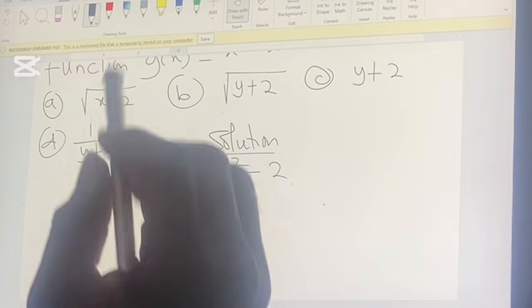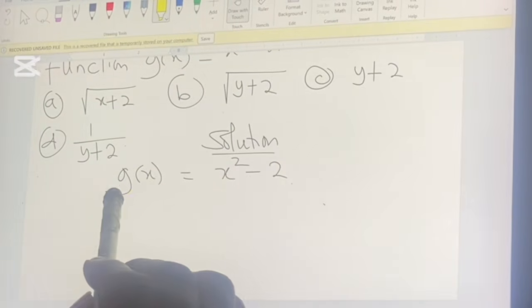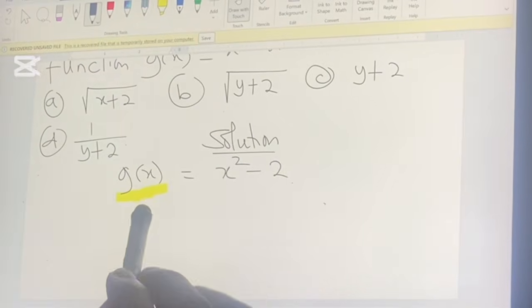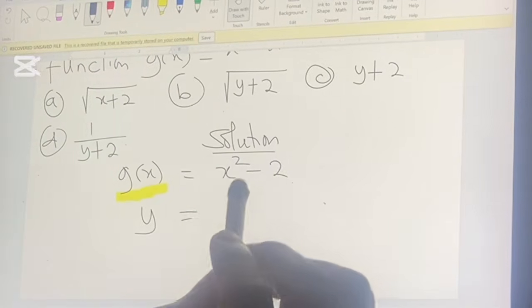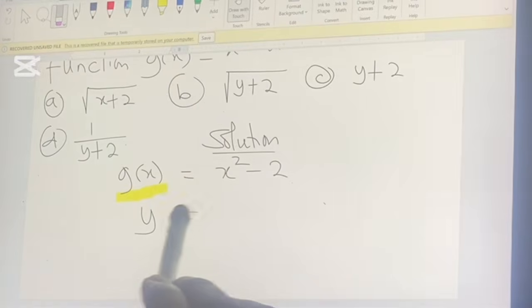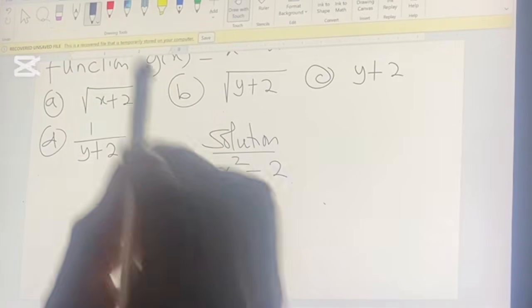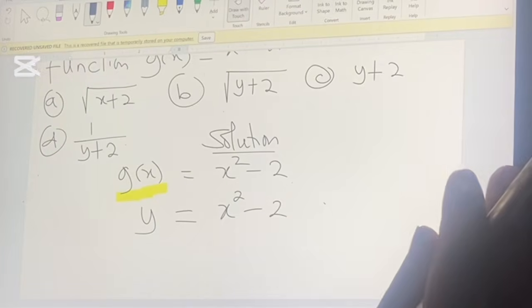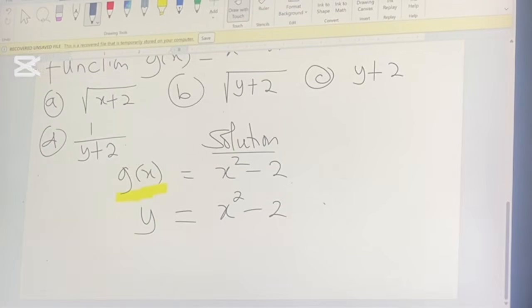But before then, let's change this function here as a letter, okay? To change g of s as a letter, y is equal to s squared minus 2.